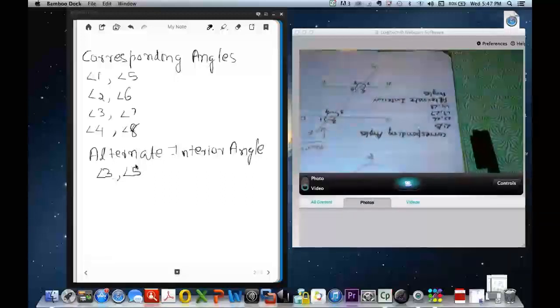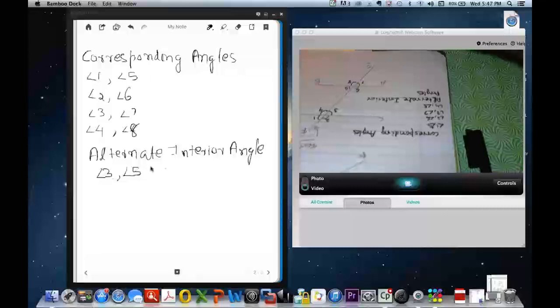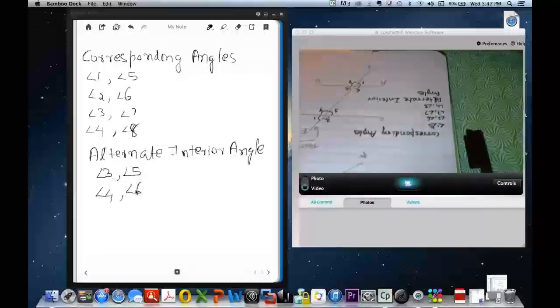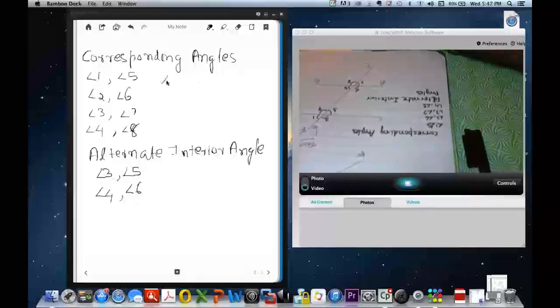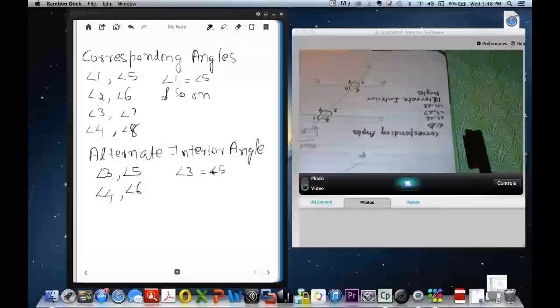They are alternate on the two sides of it, right? Now, corresponding angles, as I told you, are equal. So angle 1 is equal to angle 5 and so on, right? Now you can see that the alternate interior angles also are equal. Angle 3 is equal to angle 5, and you can see that, right?